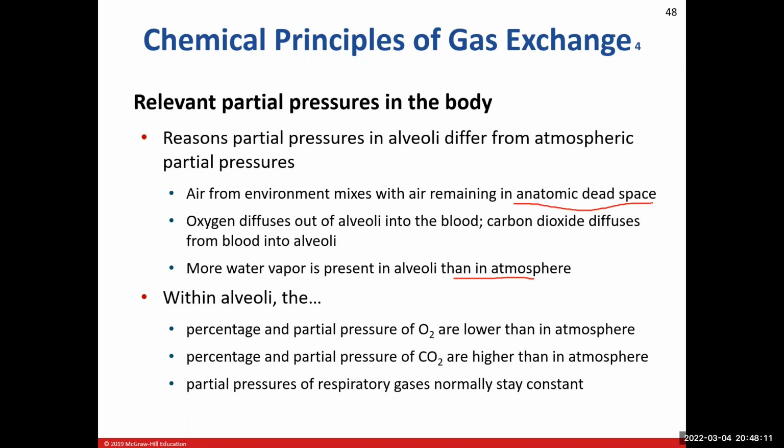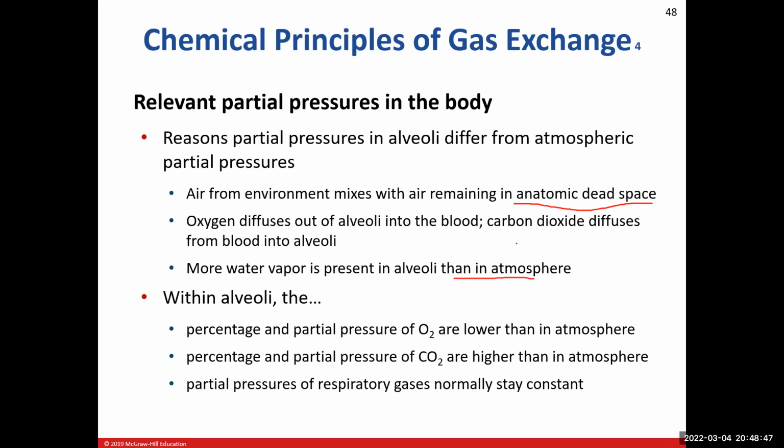Because the partial pressure of oxygen in the atmosphere is about 152 millimeters of mercury. But by the time it gets down to the alveoli, it's about 104 millimeters of mercury. This is because it undergoes some changes as it moves through the conducting zone down into the respiratory zone.